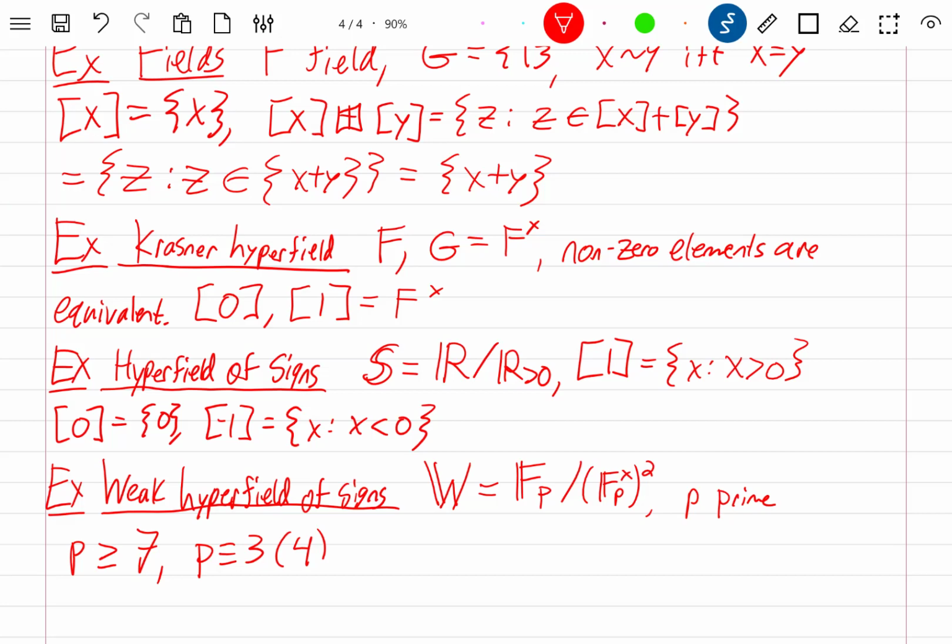This is going to be the important thing for showing that we don't have a minimal extension in general.